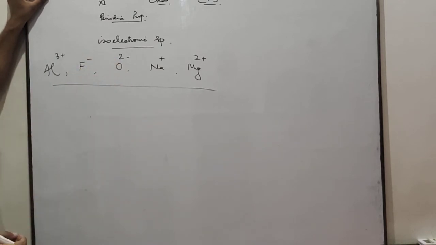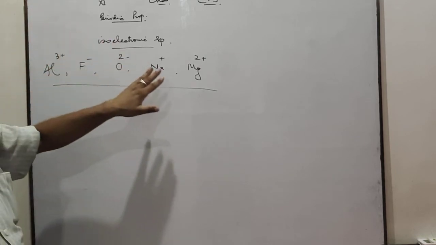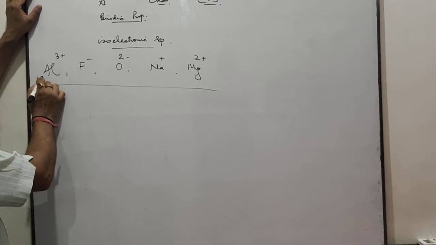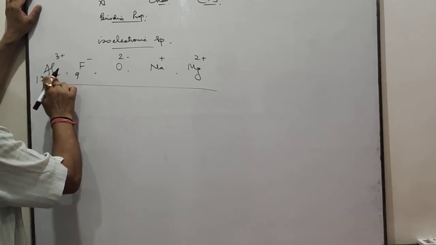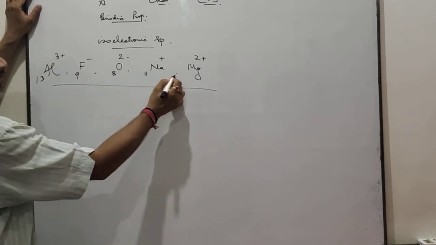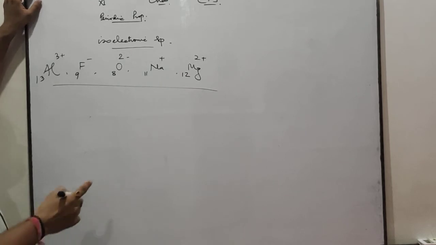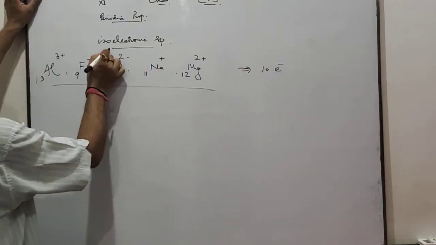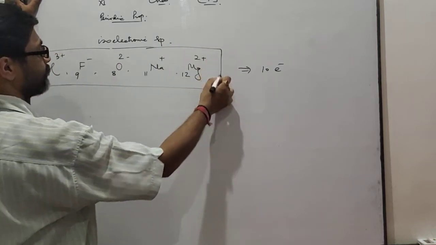Among these, which ion has greater size, which ion has smaller size? Atomic number of Al is 13, here 9, 8, 11, 12. They all have 10 electrons, means you can say they are all isoelectronic.